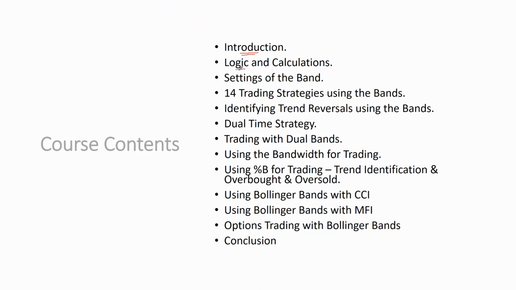A little bit of logic and calculation, because until you understand the logic and calculation of a tool you are using, it makes no sense, because you don't know why you are using it. Then settings of the band: what the standard settings are and whether we can tweak them. We'll go through all this.